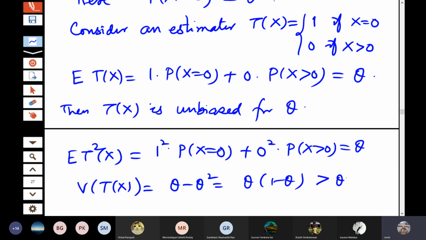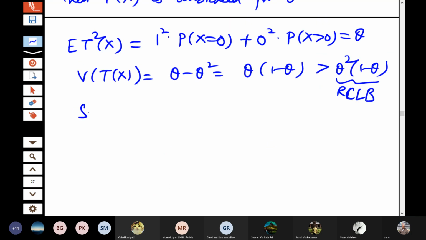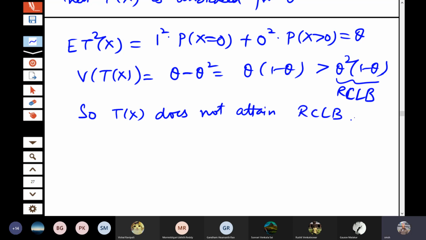But this is obviously greater than theta square into 1 minus theta, which was the RCLB. So T(x) does not attain RCLB. Later on, using another method, I will show you that actually it is UMVUE.